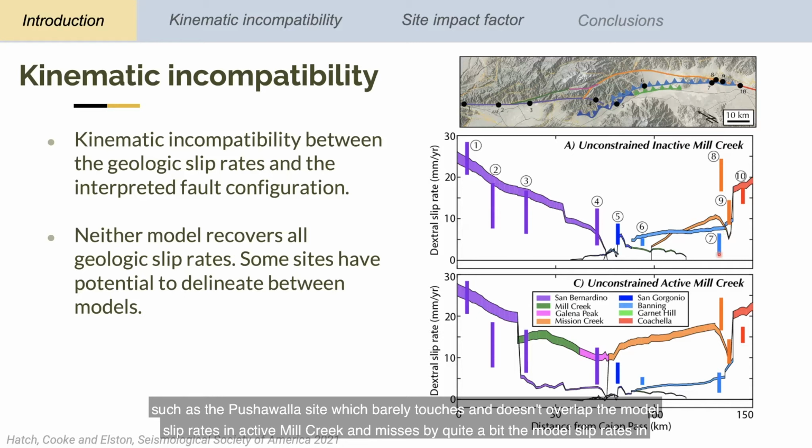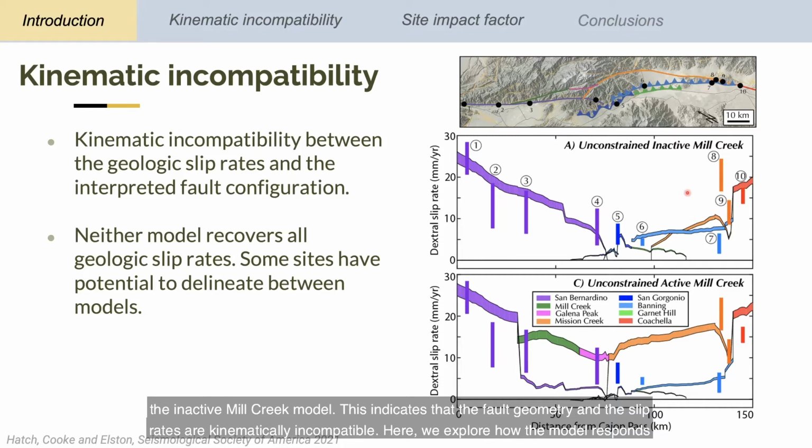Then there are some sites, such as the Pushwalla site, which barely touches and doesn't overlap the model slip rates in active Mill Creek and misses by quite a bit the model slip rates in the inactive Mill Creek model. This indicates that the fault geometry and the slip rates are kinematically incompatible.